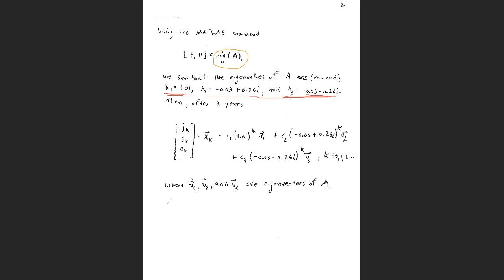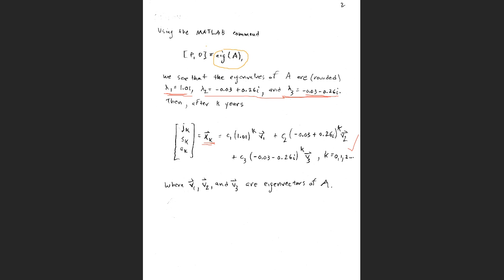And if we set up the expression for the number of juvenile, subadult, and adult owl populations in the kth month, that would be given by this linear combination. And you notice I don't specify the eigenvectors.